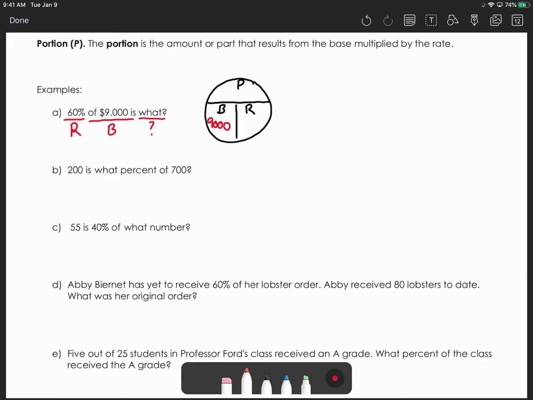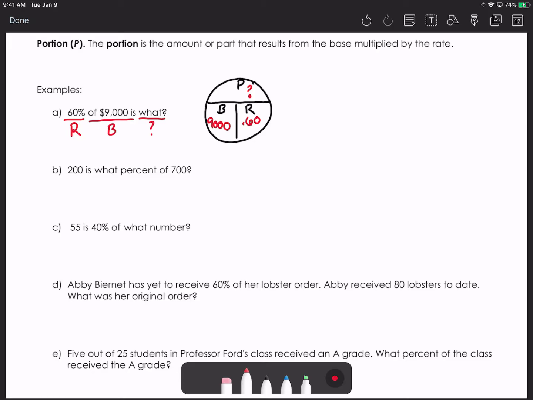Now, when we do calculations with percentages, we need to make sure we put them in decimal form, which is why we practiced in the beginning of this section how to translate back and forth between percentages, decimals, and fractions. So when I put the rate in on the circle, I need to put it in decimal form, which is 0.60. And I'm trying to solve for the portion.